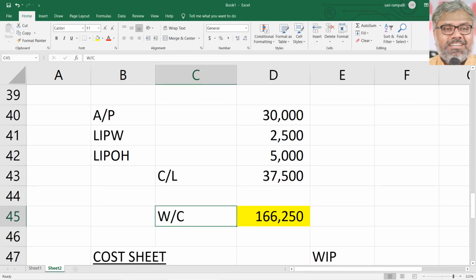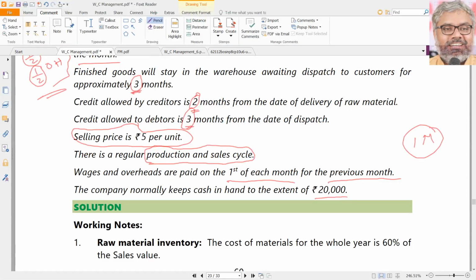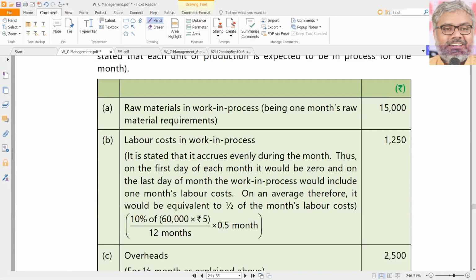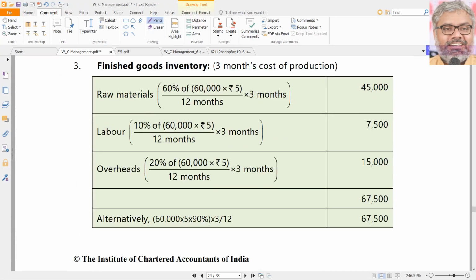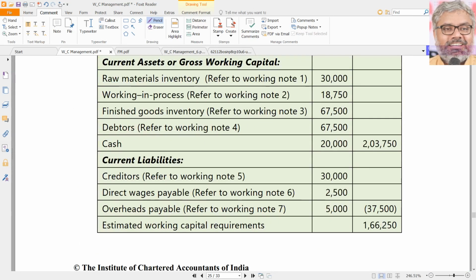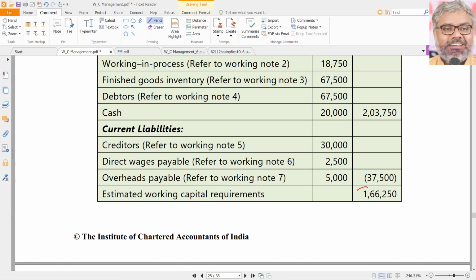That is the working capital requirement for this organization. That naturally should be the final answer. 1,66,250. Explanation and all is given. Presentation has to be taken carefully. After adding all of that, finally the final answer should be 1,66,250. So this is the main answer.